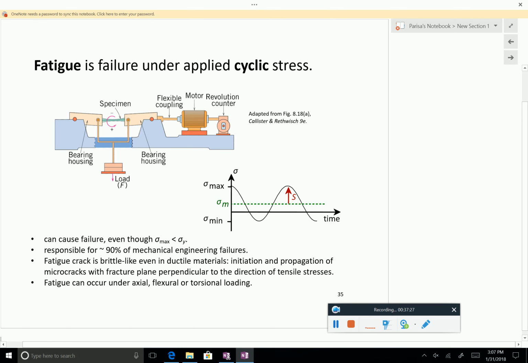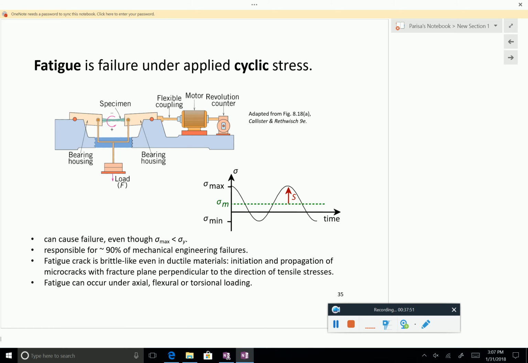Fatigue is a failure which happens when you have cyclic loading. So cyclic loading is when loading is actually repeating itself. Now between maximum and minimum stress, you may have an average which is not equal to 0.